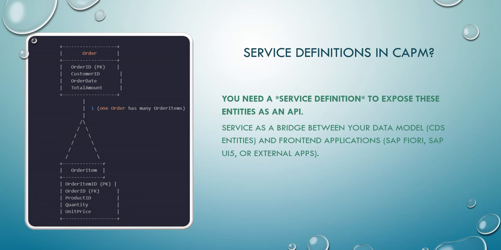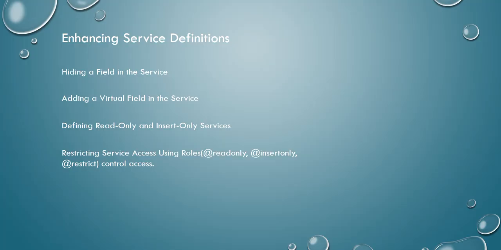In CAPM, as for the enhancements in service definitions, if you want to hide a field by using the service, we can do it, or if you want to add a virtual field in the service, we can do that also, or if for the service you want to perform only read-only or only insert operations, those things we can also do in the service implementation.